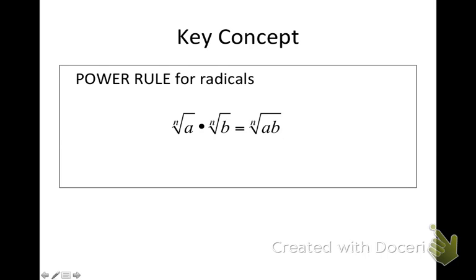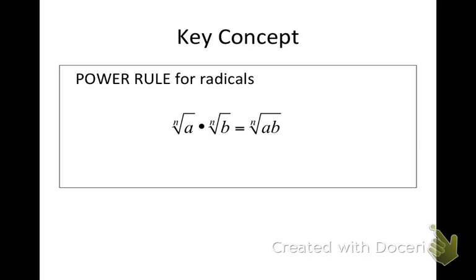So, our first rule that we need to be aware of is the product rule for radicals. And the only time that the product rule can apply is when your index is the same for both radicals. If your indexes are not the same, then you cannot multiply them together.